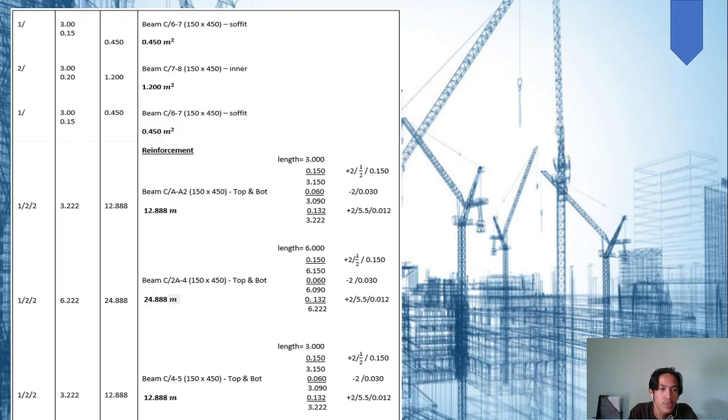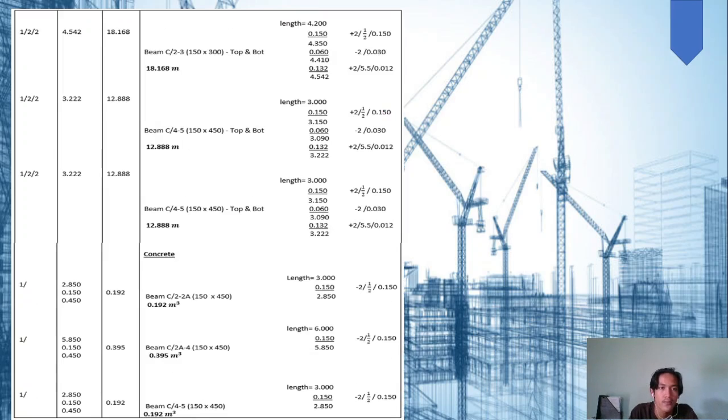We will get 12.888 meter for beam C1A2, and then beam C2A4 we get 24.888 meter, and then C45 we get 12.888 meter, and then for beam C23 we get 18.168 meter, also 12.888 meter for C45, and the last beam C4, the last one is 12.888 meter.